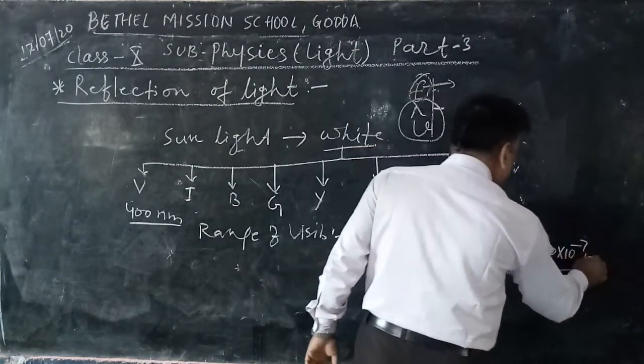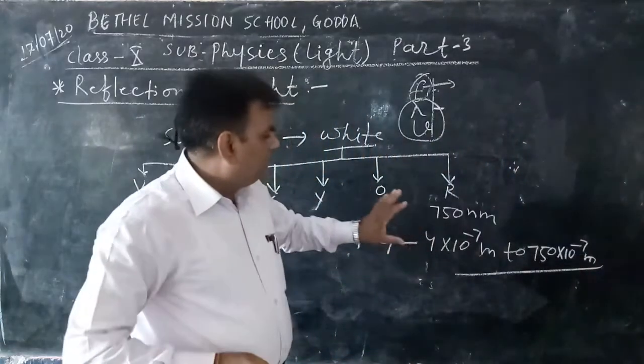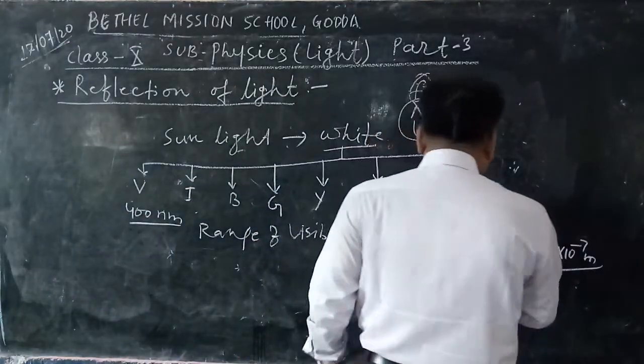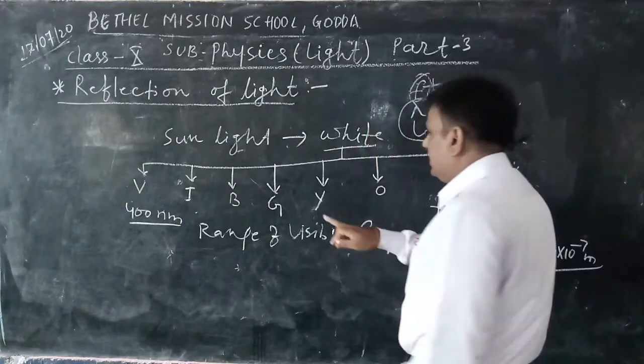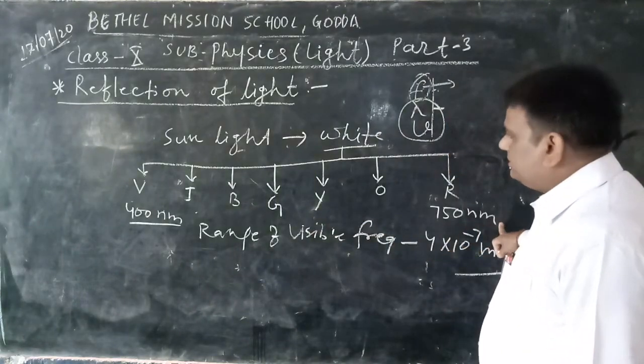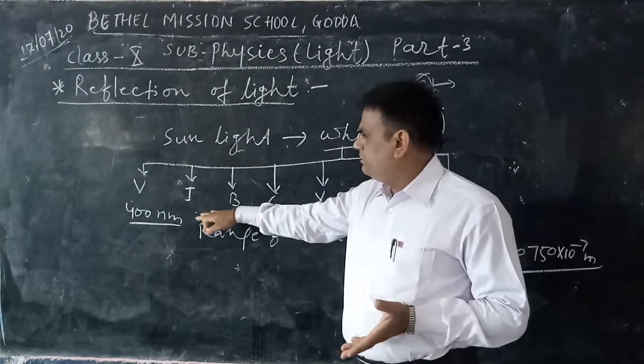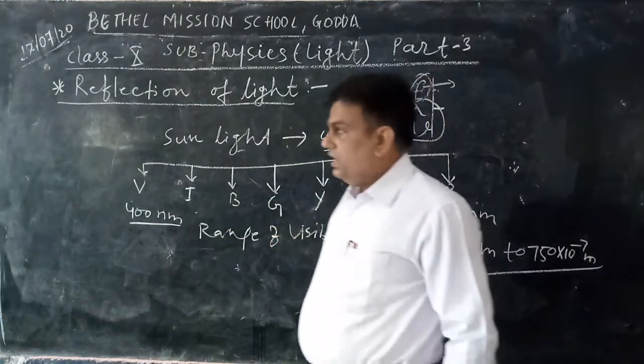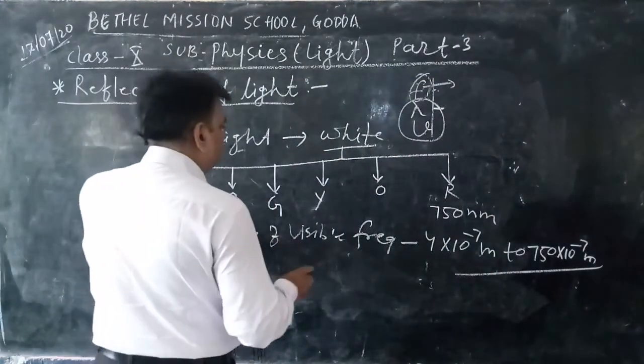This is the range for visible light for human beings: 400 nanometer to 750 nanometer, and the rest of the colors lie between 400 and 750. Now this is the visible range.